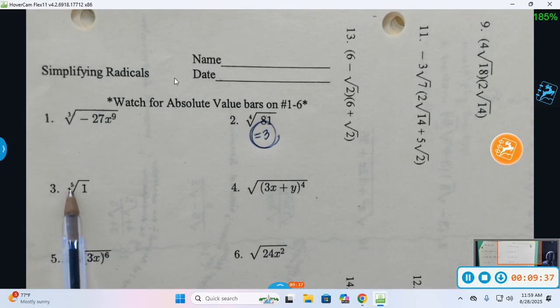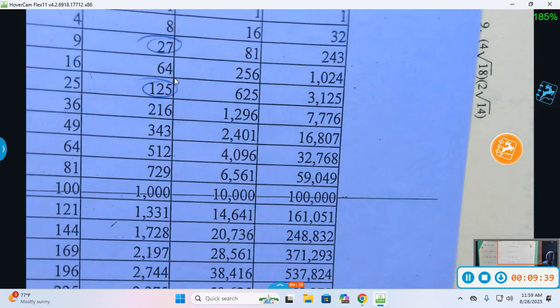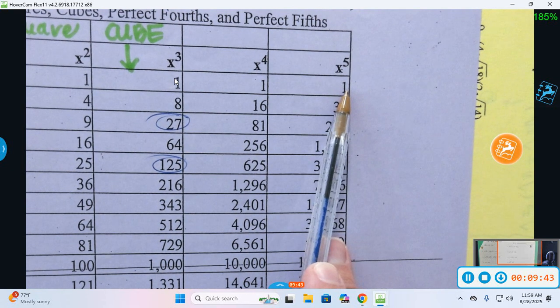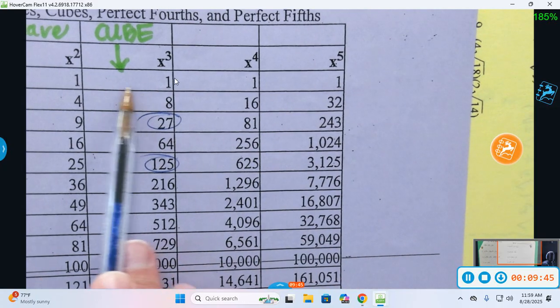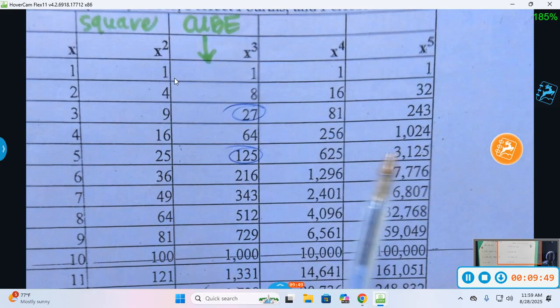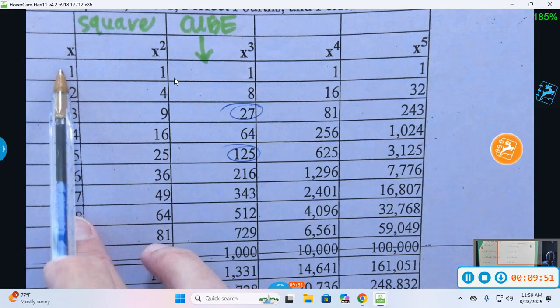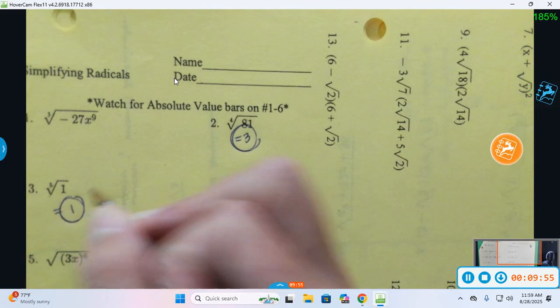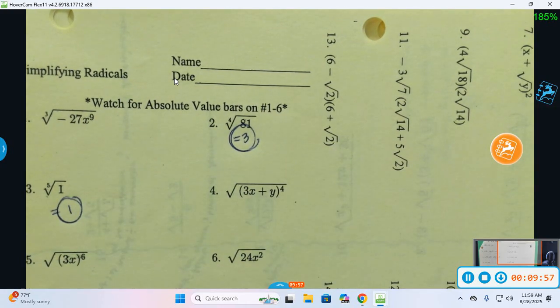Since this is the 5th root, you're going to look on the 5th column, find the number, which is 1, and then go all the way over to the left, and the answer is 1. So the 5th root of 1 is 1.